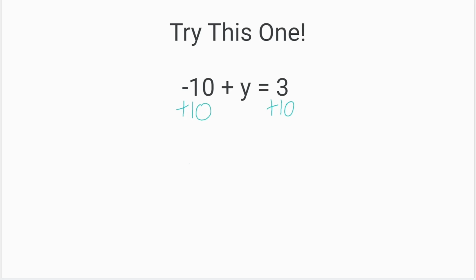Doing so cancels out the negative and positive 10 on the left, leaves you with a plus y, or just a y, and then our equals, and then we have 3 plus 10 on the right, or 13.